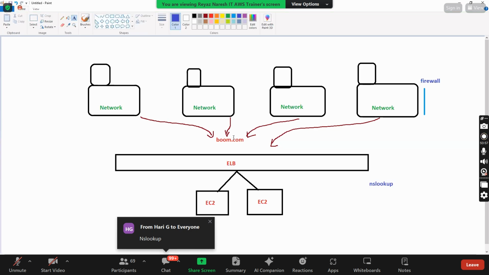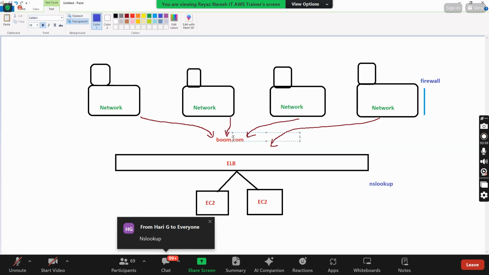Boom.com is just a name. Boom.com is nothing but my load balancer only, no? Boom.com is just makeup. The person is the load balancer. So if you are hitting the makeup or accessing the load balancer, both are the same or not? Yes. So when I did NS lookup for my load balancer, I got the IP address.